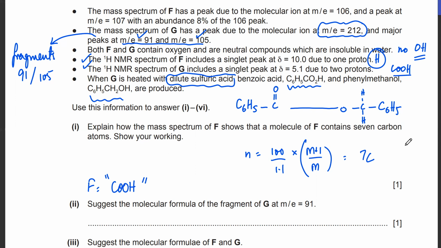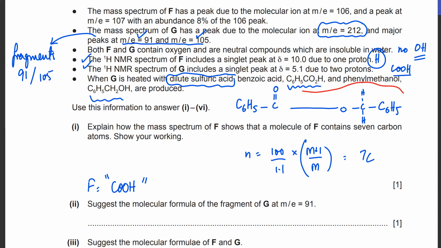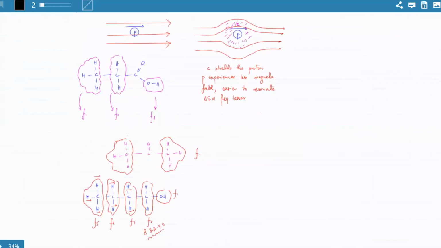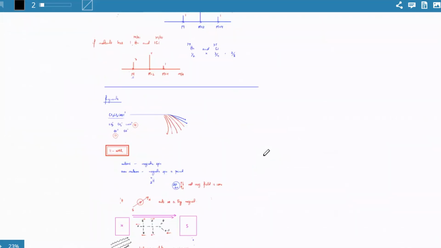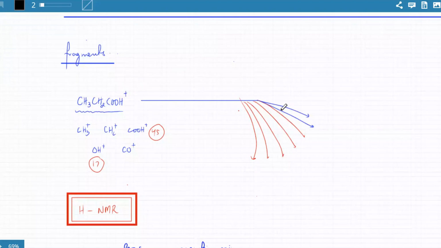Yes, sir. So now he's saying in the question that he did mass spectroscopy of G. I told you that when you do mass spectroscopy, you get a big molecule, and that big molecule breaks down into tiny fragments.